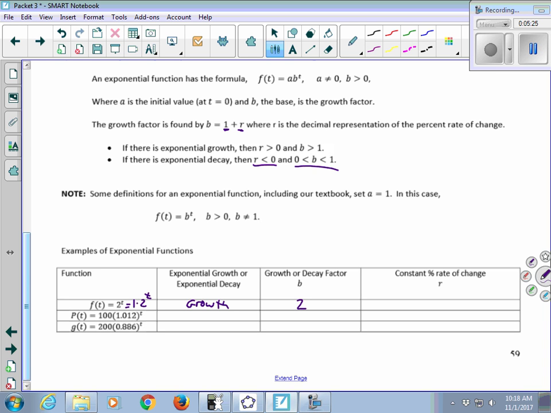So my constant percent rate of change, if you're multiplying by 2 at every step, let's think of it in terms of salary. If you multiply your salary by 2, it doubles, right? So your salary goes from 20,000 to 40,000. That's a doubling, which is a 100% increase in salary.